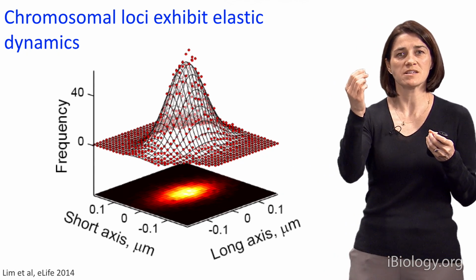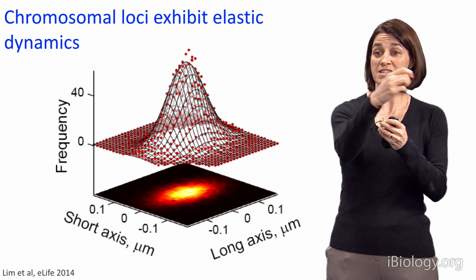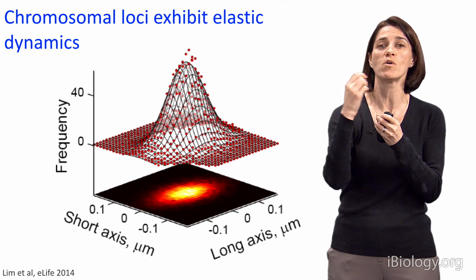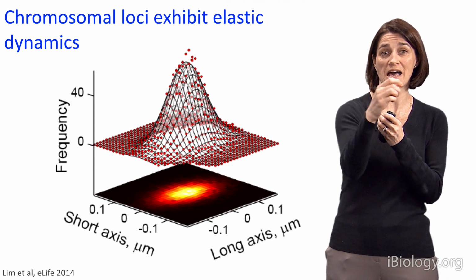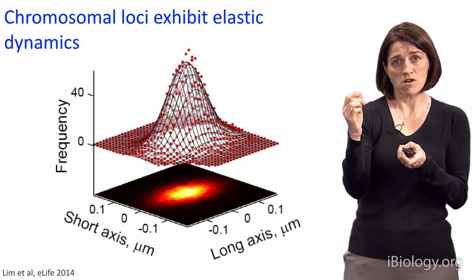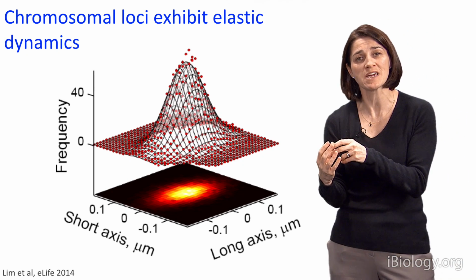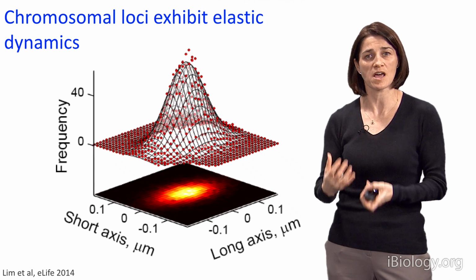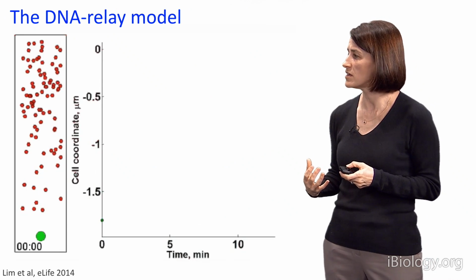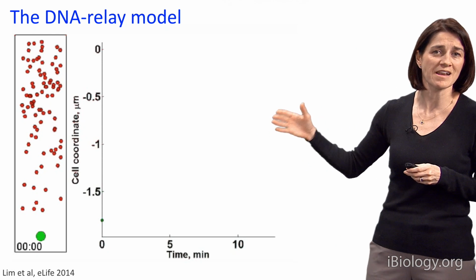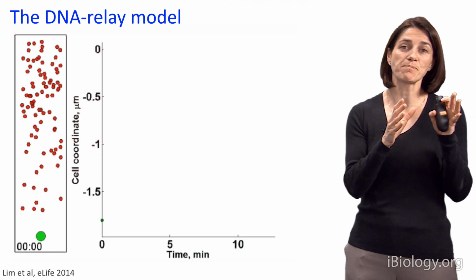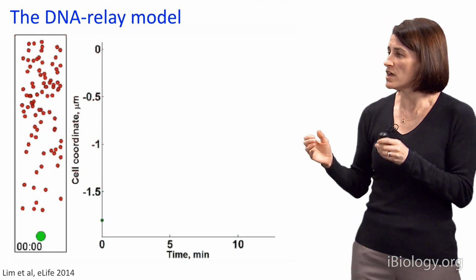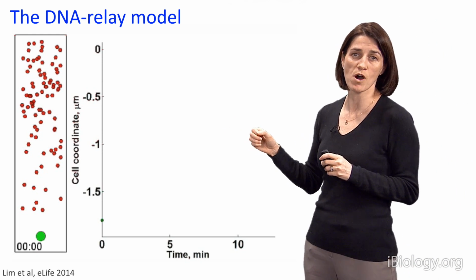So what it means is that chromosomal loci are basically wiggling around, but always coming back to an equilibrium point as if they were on an elastic. So now, because ParA-ATP dimer is bound to the DNA, it means that those ParA-ATP dimers are going to experience the elastic dynamics of the underlying DNA. So now we're going to add this dynamics that we are measuring in experiments from the motion of chromosomal loci. Now we're going to incorporate it into our model.